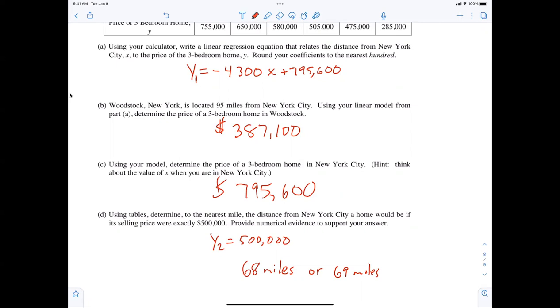Somebody else. I have like my lines intersecting and everything, and then I accidentally pressed trace, and now it's just a plus. Just zoom stat.